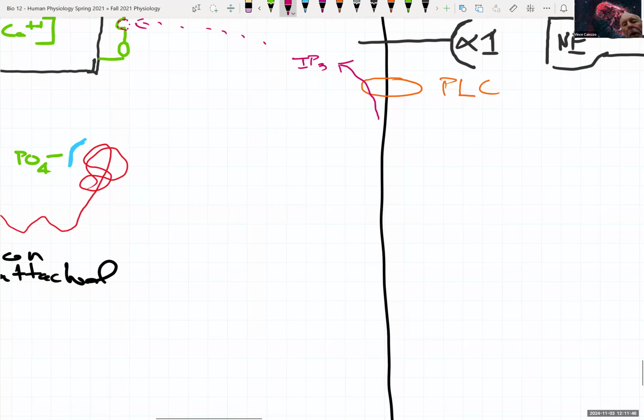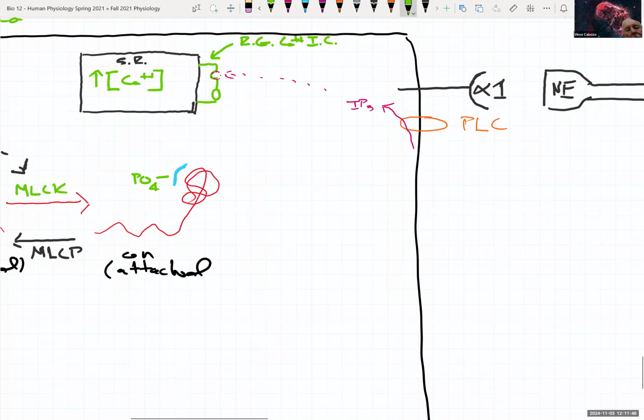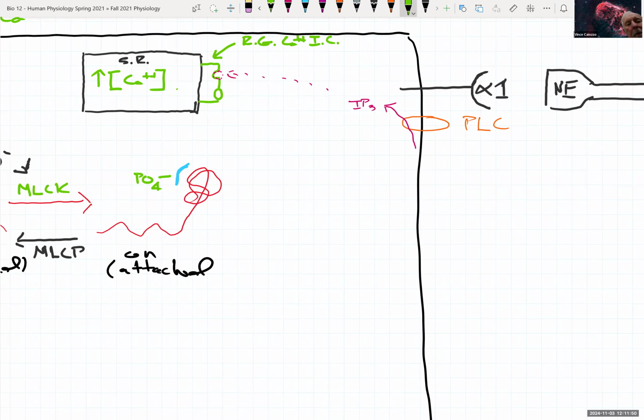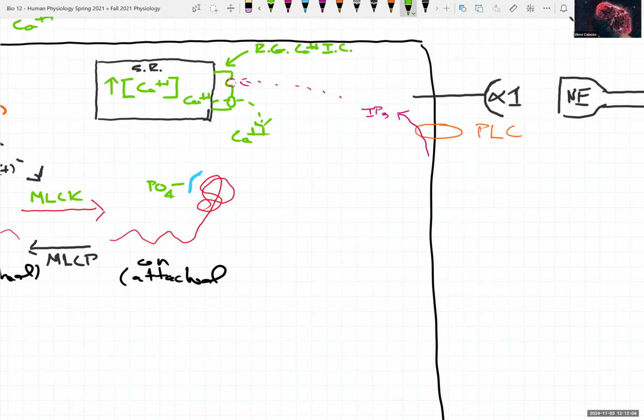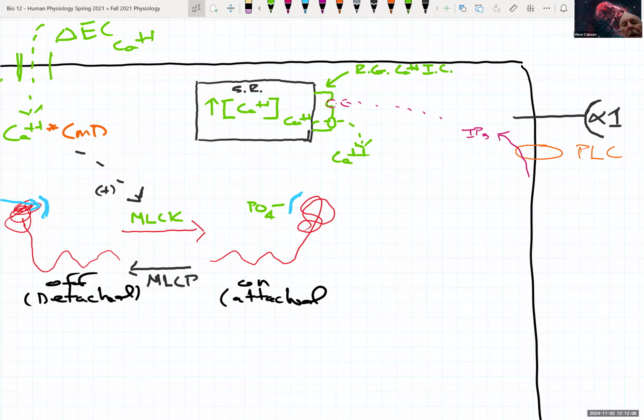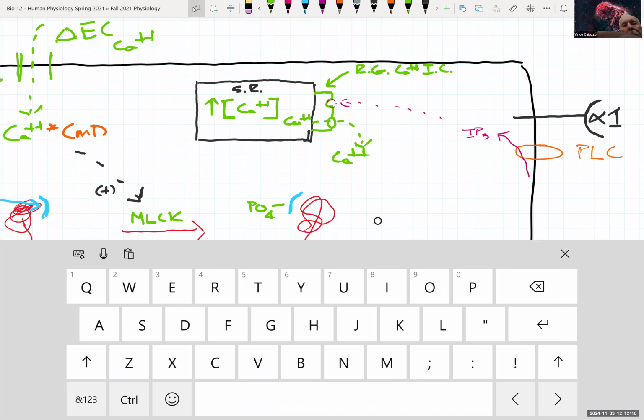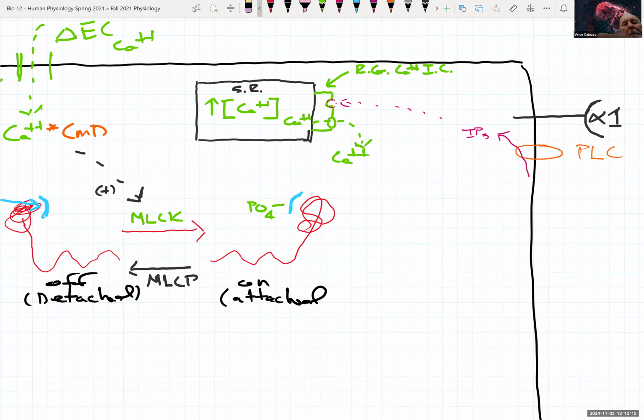And when that occurs, calcium ions then flow out of the sarcoplasmic reticulum, and in so doing, those calcium ions bind to calmodulin.